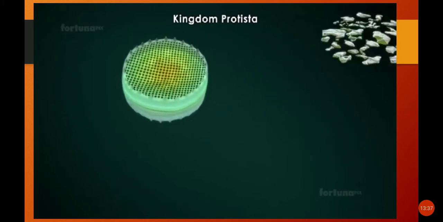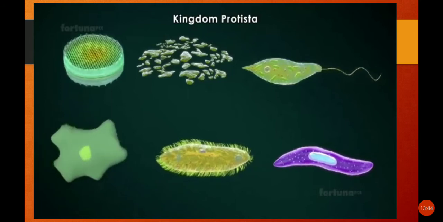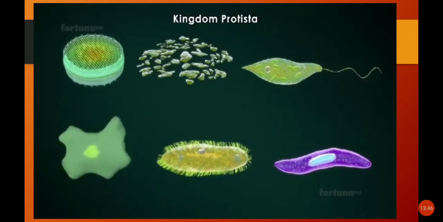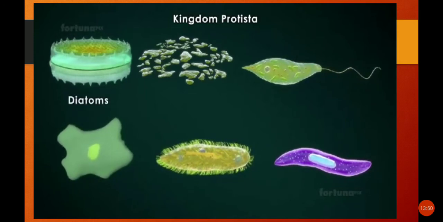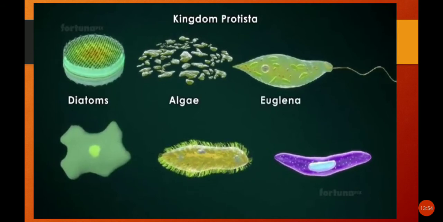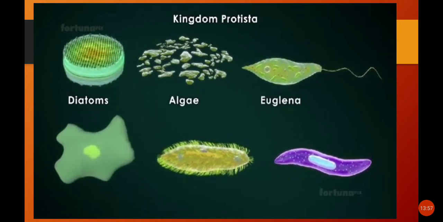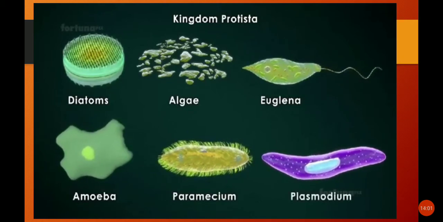Most members of this kingdom can, like plants, undergo photosynthesis and produce their own food, and like animals, will have locomotory structures. Most Protista are aquatic and include diatoms, algae, Euglena, and protozoans such as amoeba, paramecium, and plasmodium.